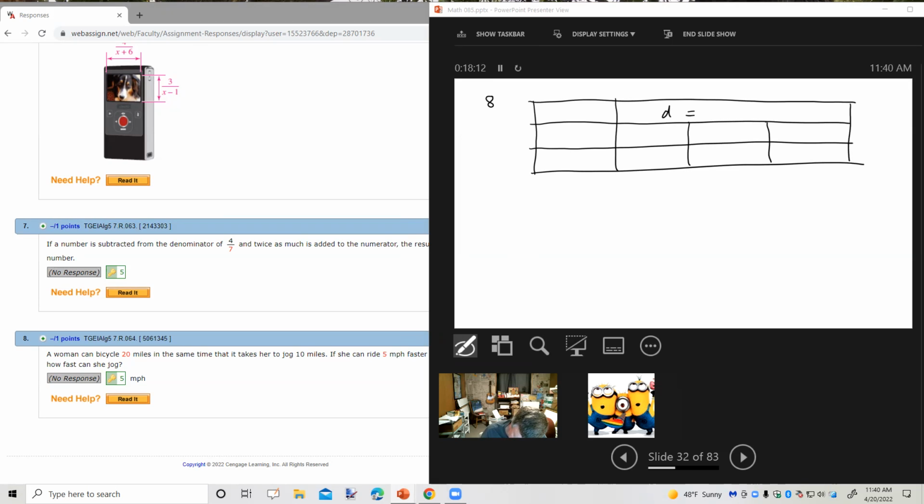So distance equals rate times time. And we've got bike and jog.